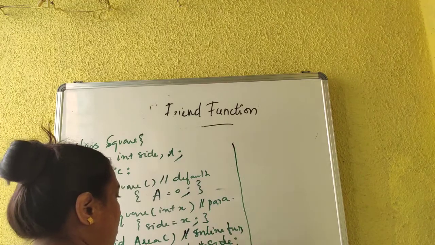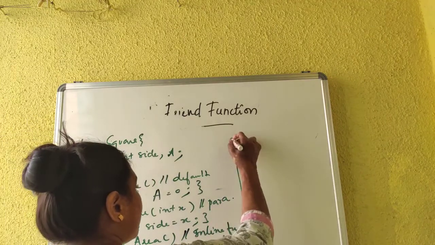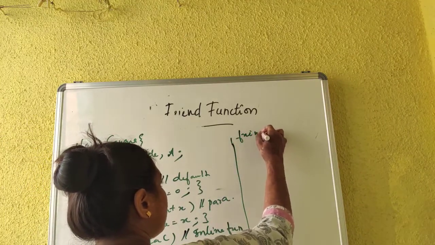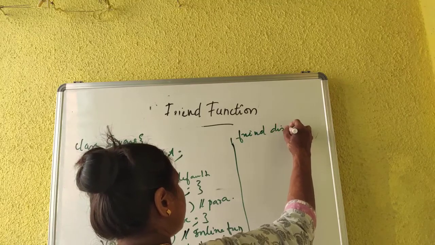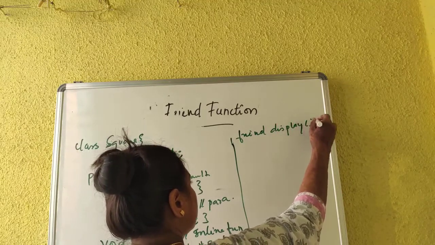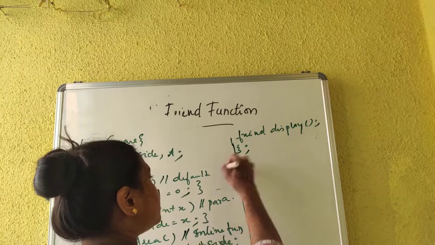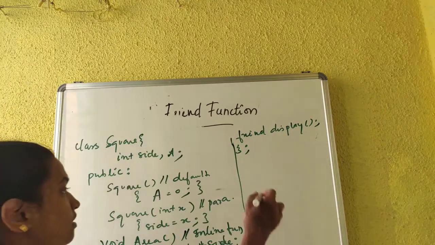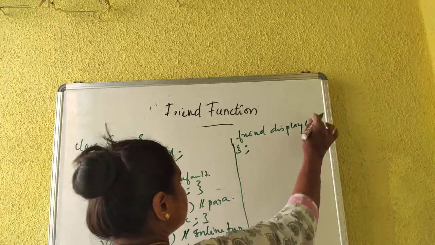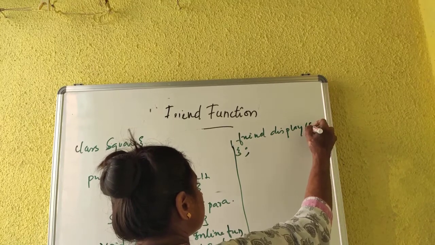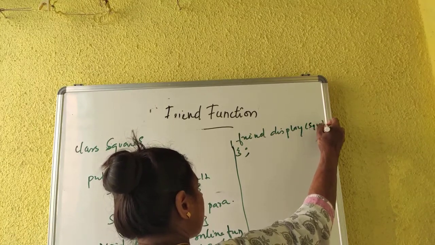Now again, let me declare a friend function called display. So I'm putting everything together here now, which we did bit by bit previously. Now I'll display, passing the object of type square.